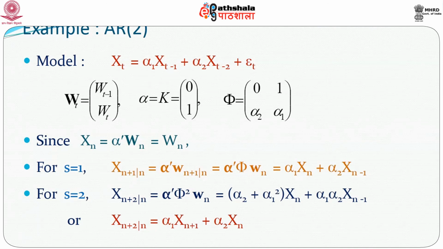In this case, of course, x_{n+1} has to be the predicted value of x_{n+1}. So we can write x_{n+2} given n as alpha_1 times the predicted value of x_{n+1} plus alpha_2 into x_n. That is how we can do the prediction for the AR(2) and for a general state space model.